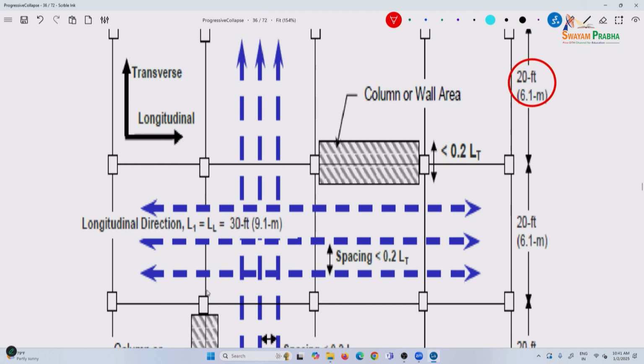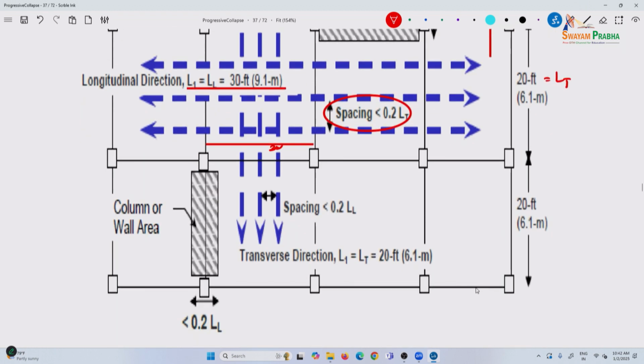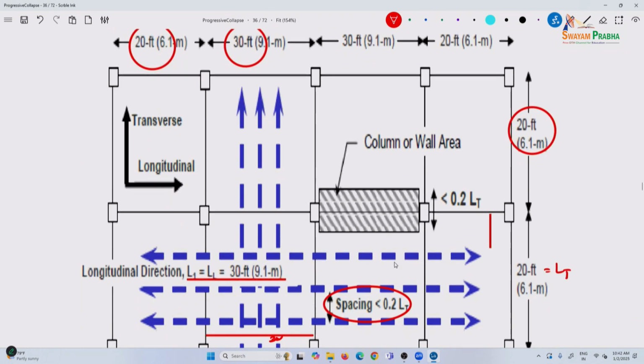So, longitudinal direction here, this is 30 feet. So, L1 is 30 feet, spacing less than 0.2 LT. So, this is your LT. It's a simple mathematical calculation. Now, here in the transverse direction, this is 20 feet, so that is given out here, same thing.